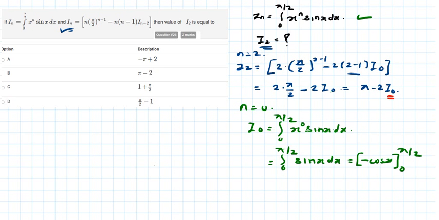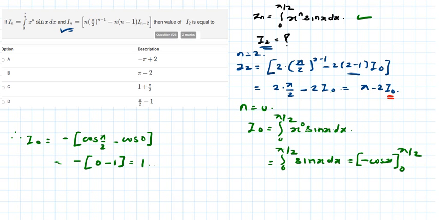Okay, so let's put the limit. So we get I0 equal to minus cos pi by 2 minus cos 0, cos pi by 2 is 0, cos 0 is 1, so this will be 1. Therefore we get the value for I0, which is equal to 1.